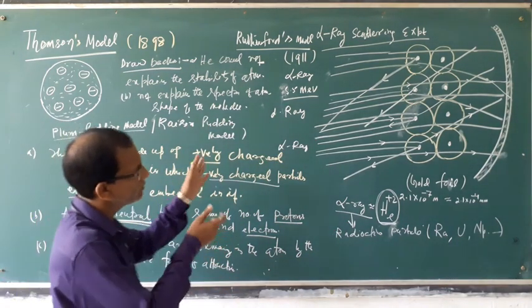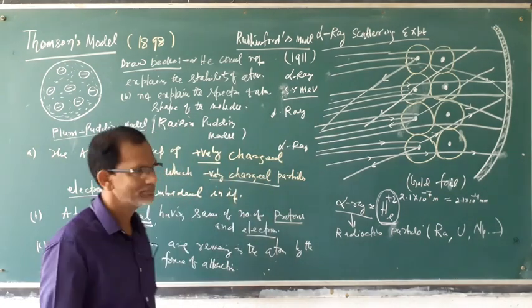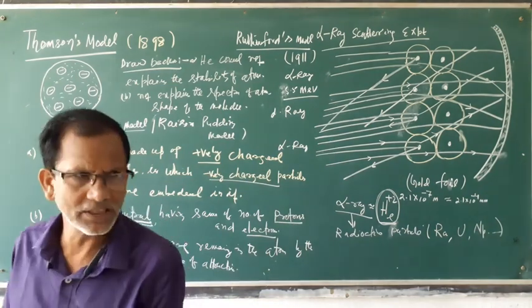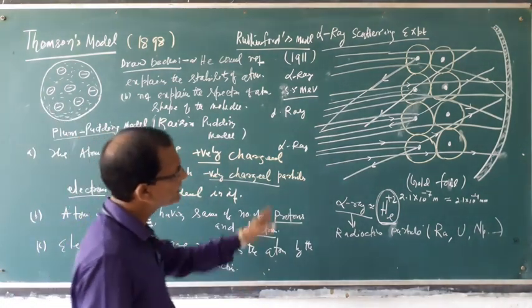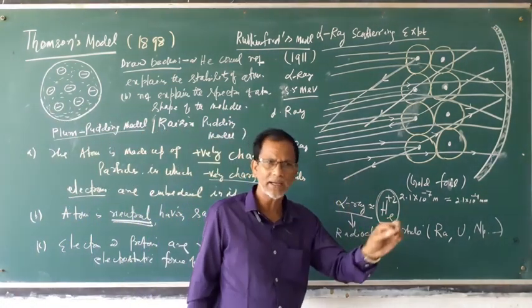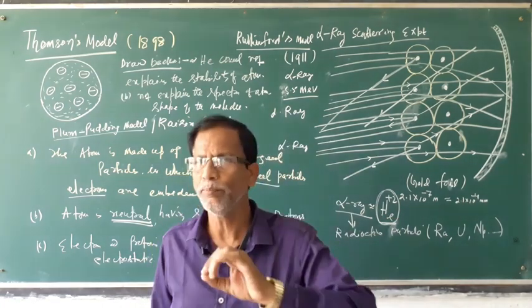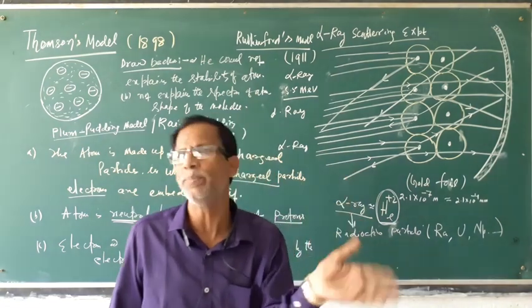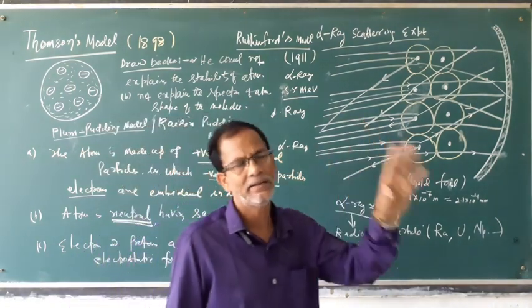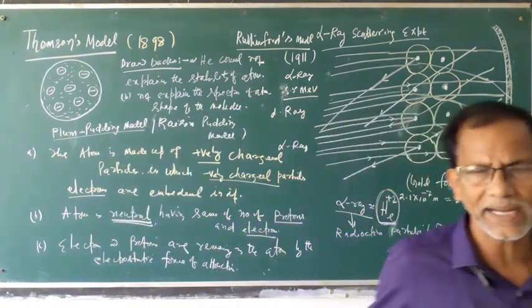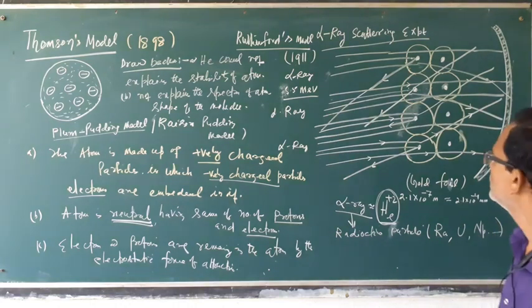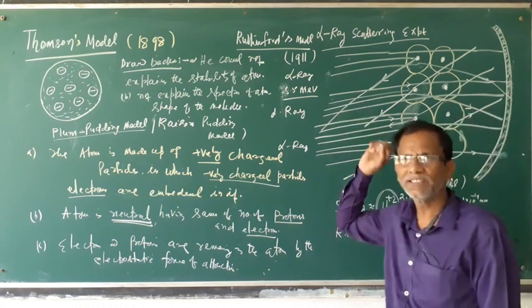a small slit. What is the role of the slit? The slit will allow the ray to pass in the form of a beam. A narrow ray can be produced from the slit.